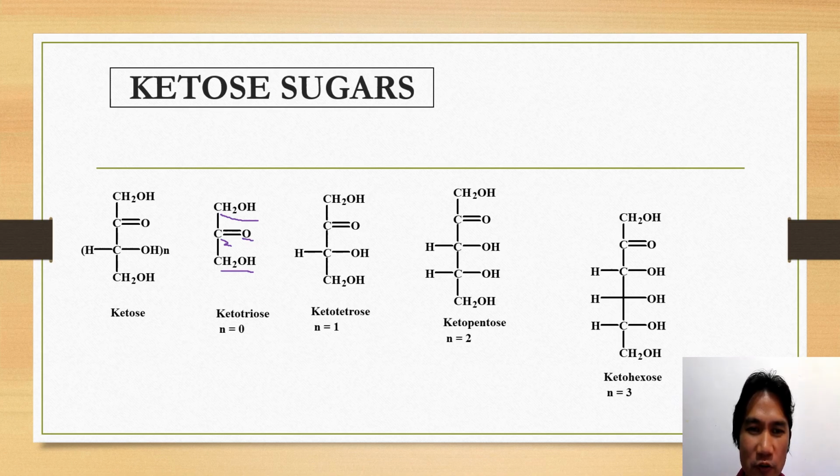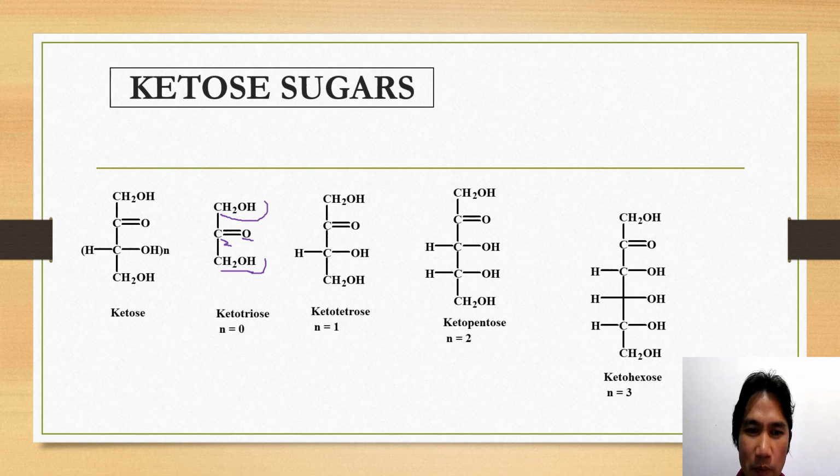So all in all, there are only 3 groups. So it does not satisfy our rule that a chiral center must have 4 different groups. So a ketotriose does not have a pair of enantiomers.